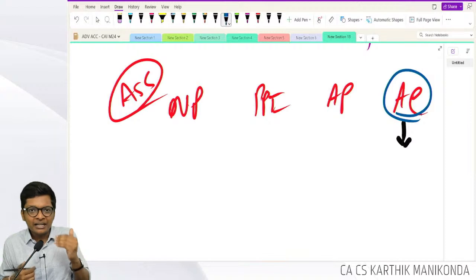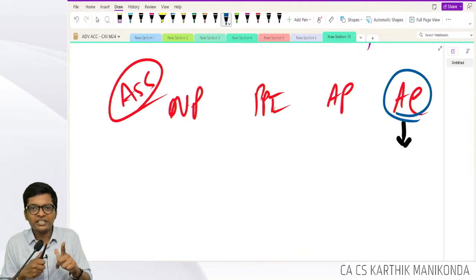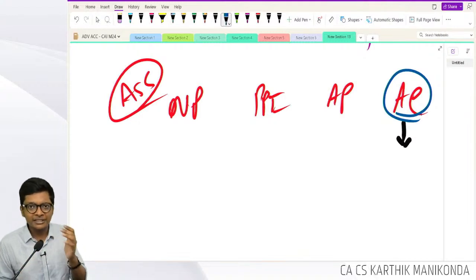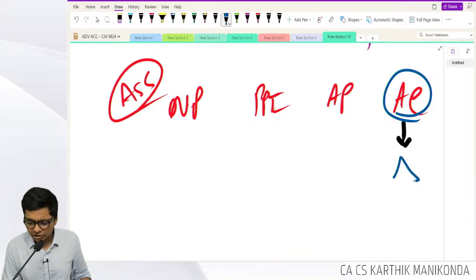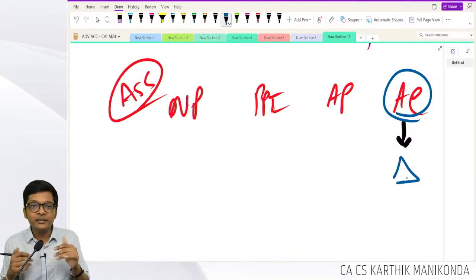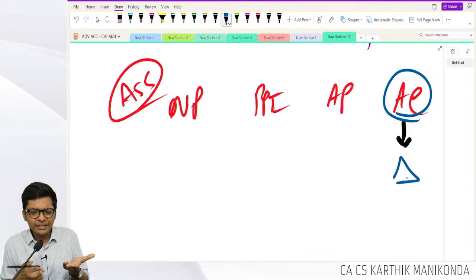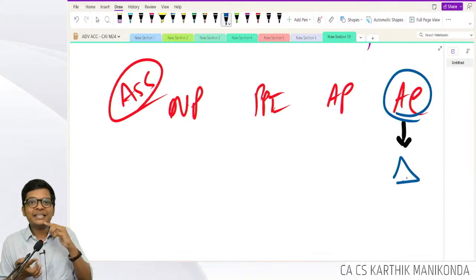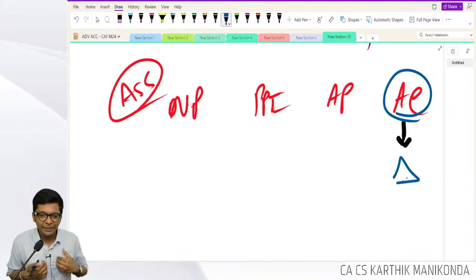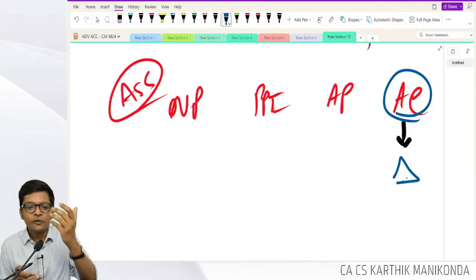It can even change 100 times in a year if the situation or circumstances change, if you get new information. So as a result of new information or changed circumstances, the accounting estimate changes. Whenever there is a change, you can change the accounting estimate and give disclosure of why you changed. All you have to do is disclose in the financial statements that there's a change in accounting estimate. This is the impact on current year profit. This is the impact on future year profit.